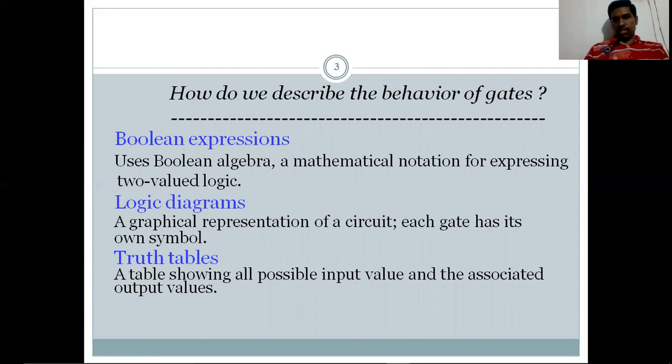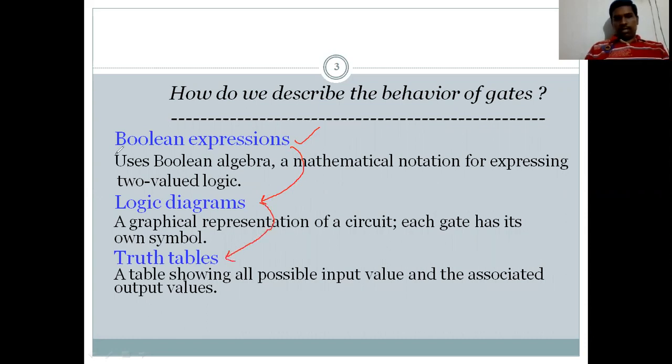Logic diagrams are a pictorial representation of the circuit where each gate has its own symbol. That particular circuit can also be analyzed by using truth tables. So these Boolean expressions can be represented with the help of logic diagrams, along with truth tables.